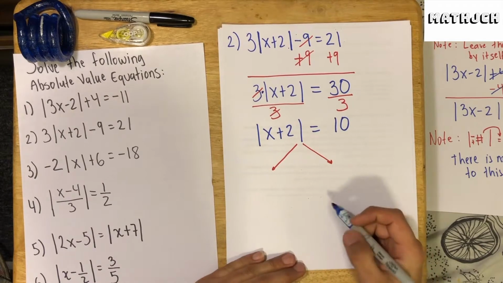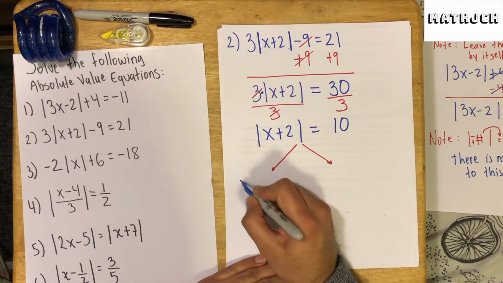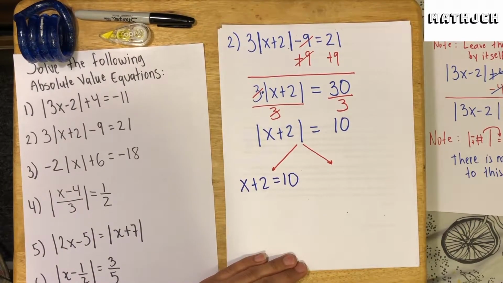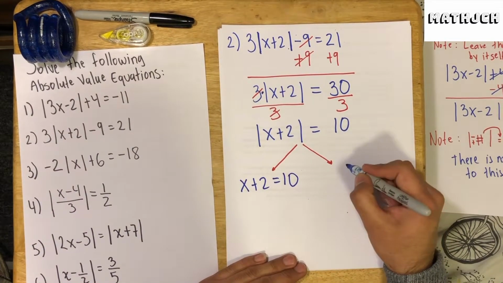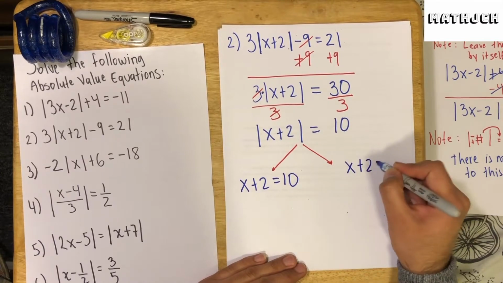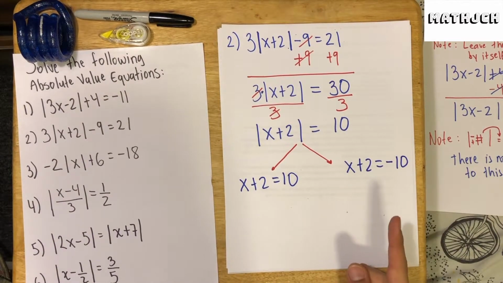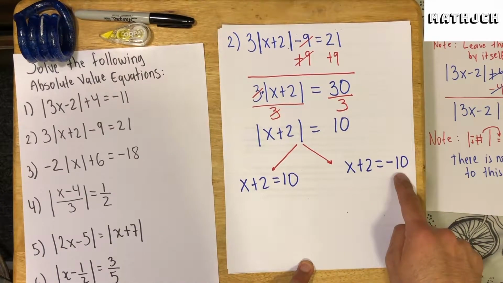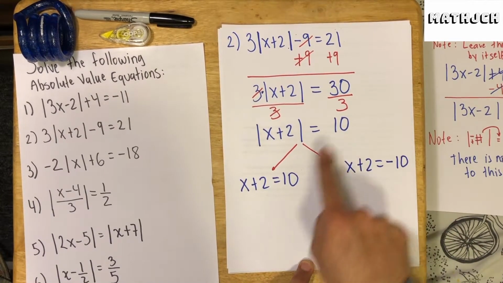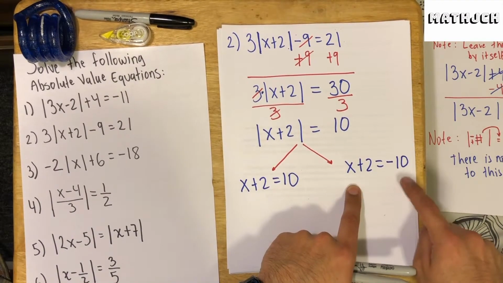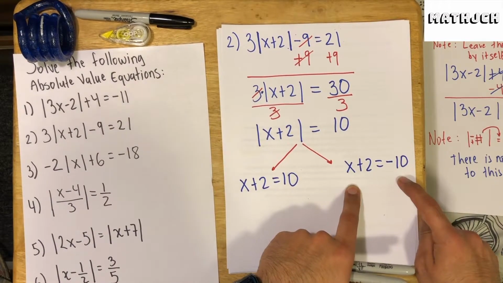So my first setup will be x plus 2 equals the positive 10. And my other solution will be x plus 2 equals negative 10. So we change the sign of 10 into the other solution. So the 10 stays the same in the first one, but then we change the sign of the 10 into the second setup right here.